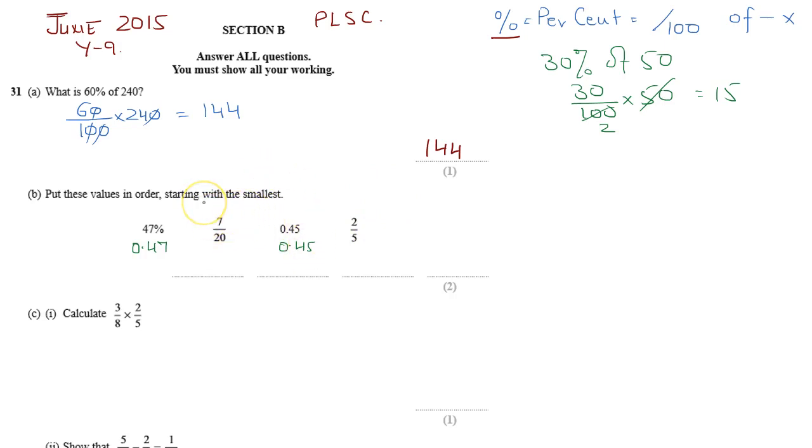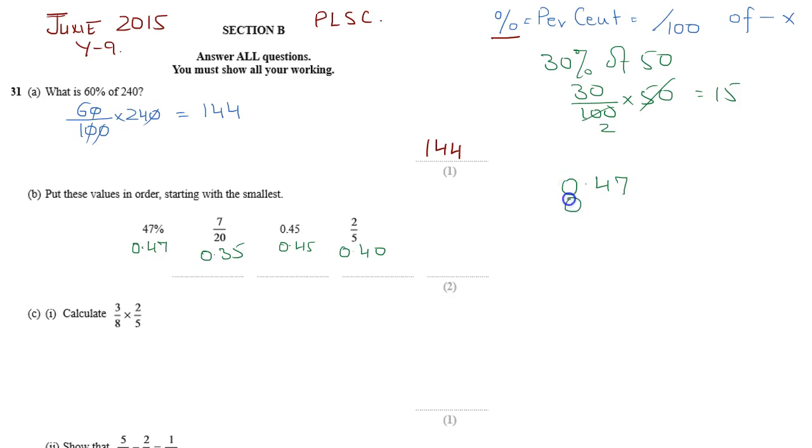If you have a calculator, it's easy to convert. 7 divide 20, that will be 0.35, and 2 over 5, 2 divide 5 is 0.40.